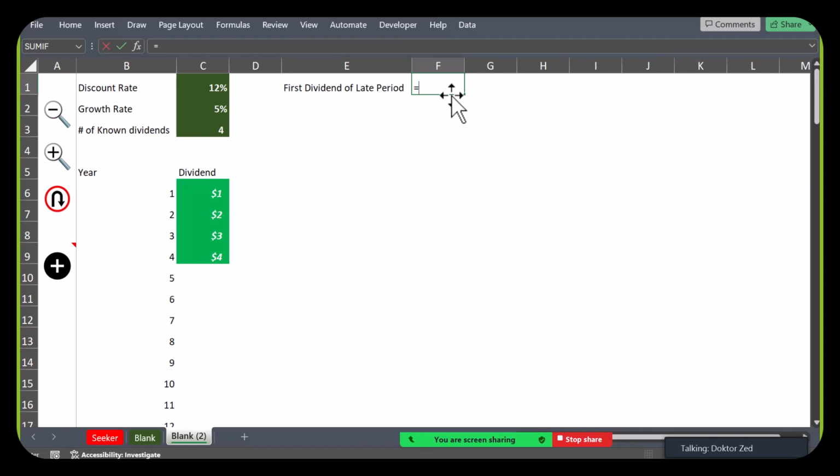I'm going to basically grab from that table the dividend for year 4. If I'm doing this once, all I have to do is manually look at it. But there's a function in Excel called VLOOKUP, the V standing for vertical. What am I looking for? I'm looking for that number. Okay, comma. Where am I looking for it? I'm going to pick a table.